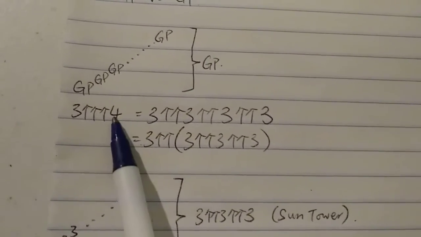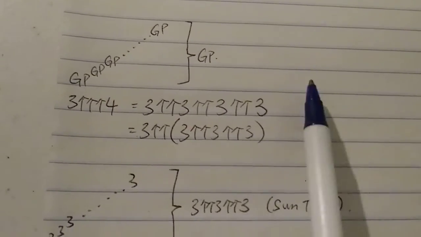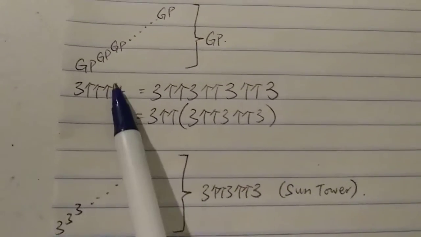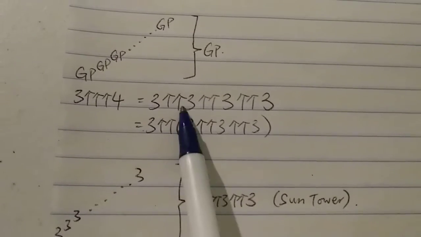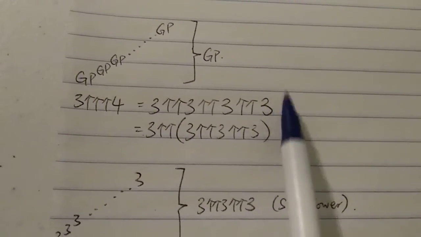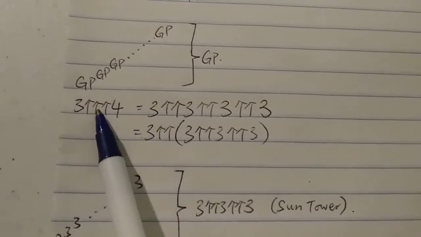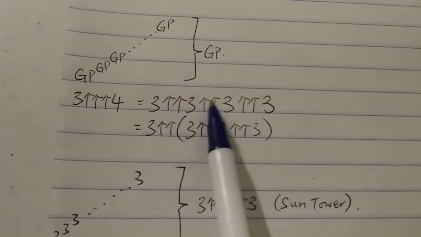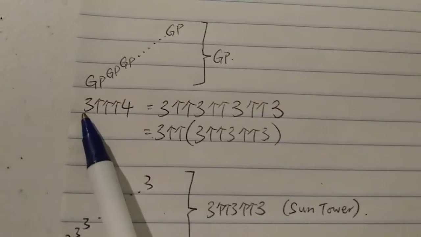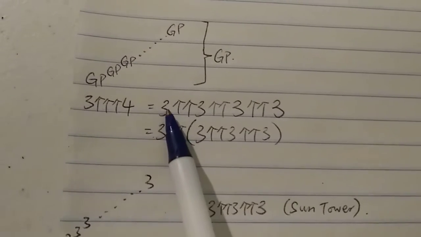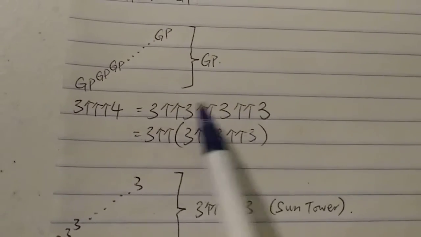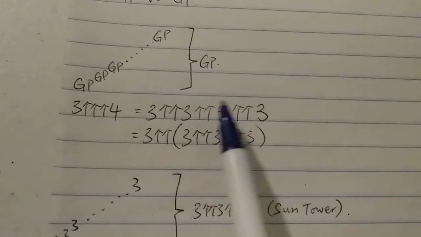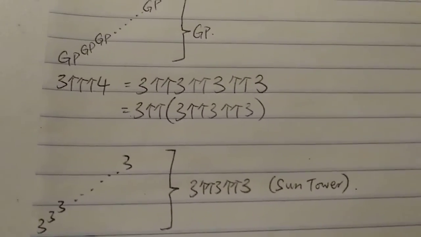If it's 6 at the end, then there are 6 of them. Since there's 4 here, there are 4 threes, and you change the 3 arrows into double arrows. The 3 at the beginning just represents the number being repeated, which is 3. So pretty straightforward, I think.